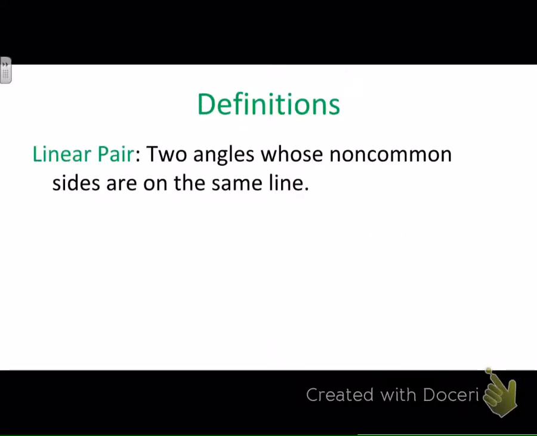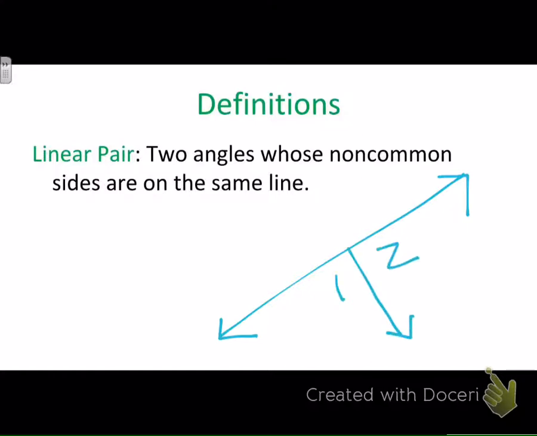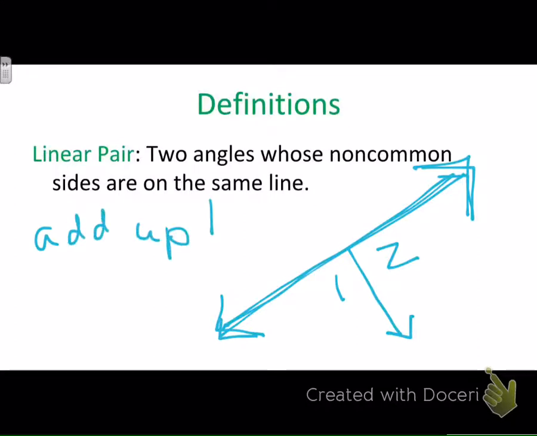Okay, linear pair. Two angles whose non-common sides are on the same line. So 1 and 2 would be a linear pair because they make a straight line. Now, something about these angles: linear pairs always add up to 180 degrees.